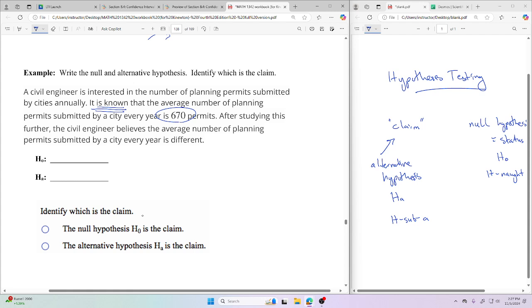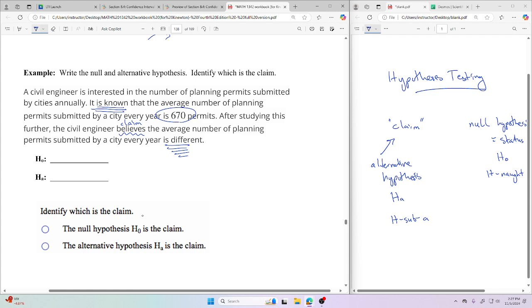After studying this further, the engineer believes, see, he's going to get his own say on it. He's going to claim something here in a few seconds, that the average number of planning permits submitted is different. There's the keywords, is different.